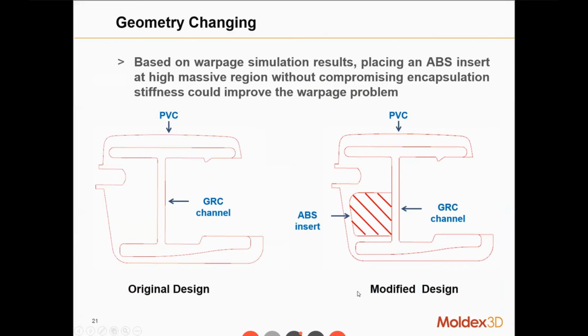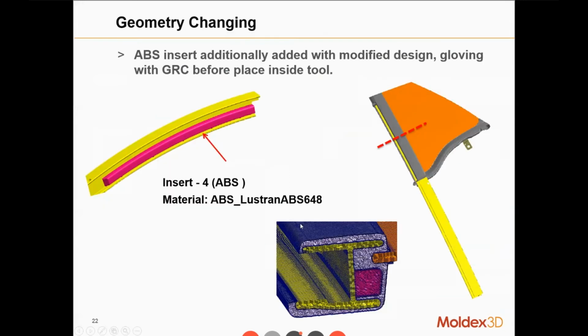So to improve the warpage, they core out these thick regions and instead put ABS inserts inside. The PVC product then has a thinner region, and the heat accumulation can be decreased.